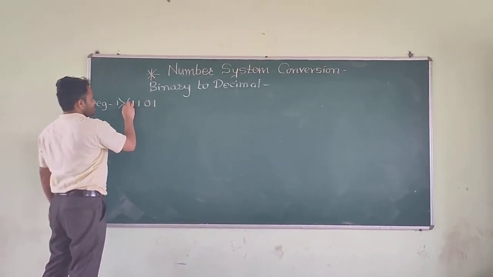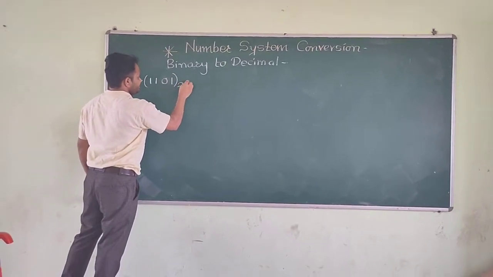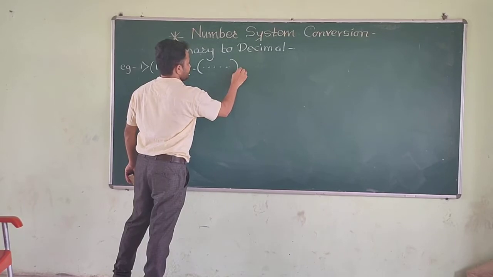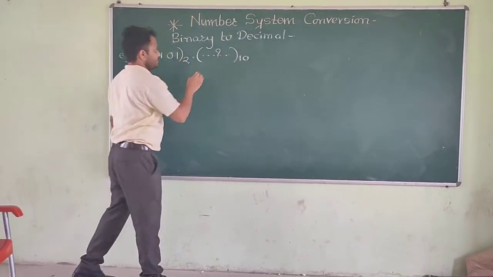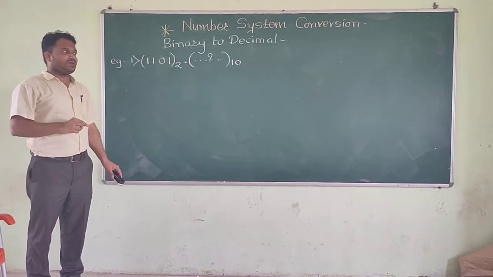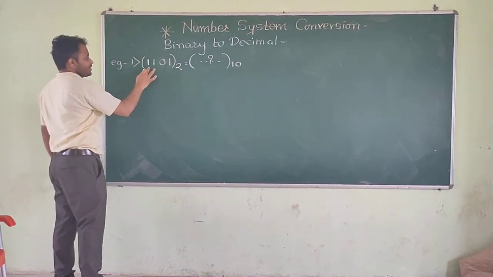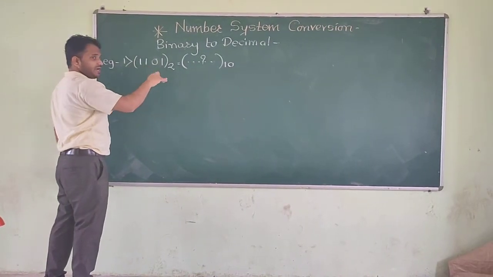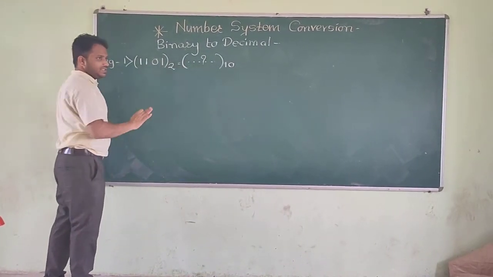So in this case, what we have to do is that we need to follow the stepwise procedure. Just see here. This is the number given in the binary, that is 1101, and we have to convert it into the decimal form.